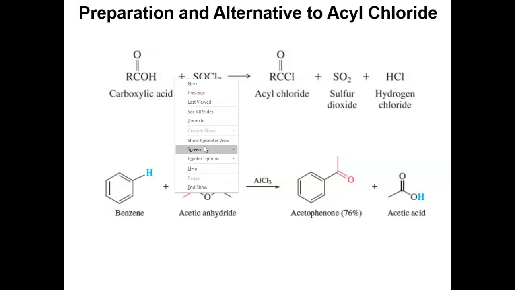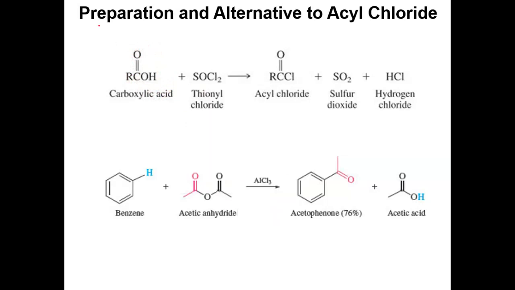This whole group we call the carboxyl group. Any compound that has a carboxyl group we call a carboxylic acid. This is probably the first time you're seeing it, but later you will see it much more frequently.